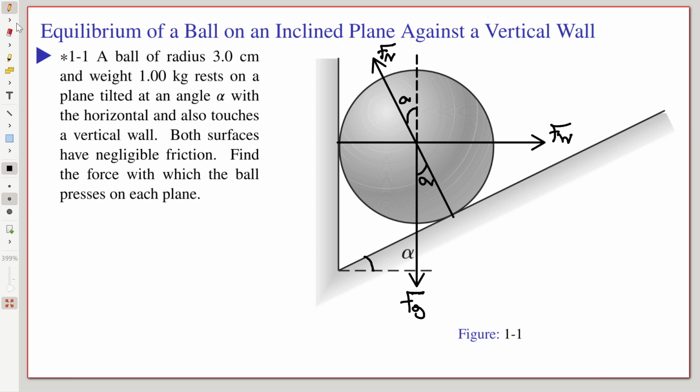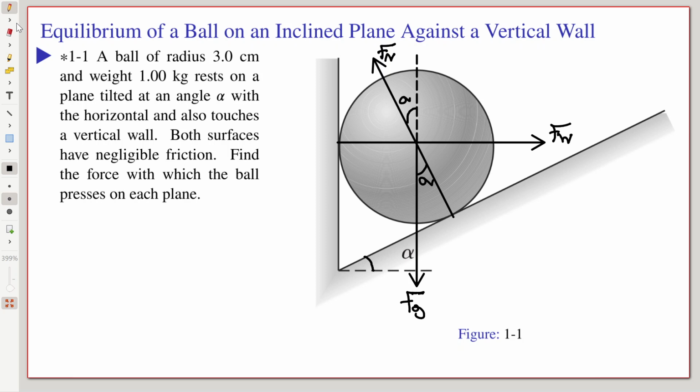What I mean by tilted is that we can decompose this normal force into its vertical component and horizontal component, which is essential in solving this problem. Let me make the arrow clearer.